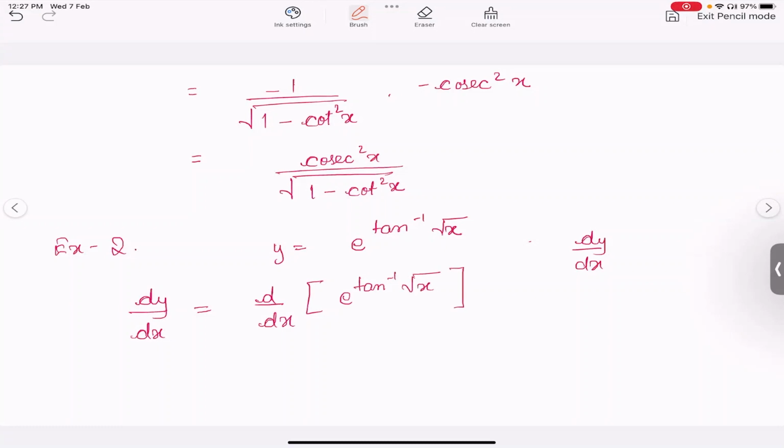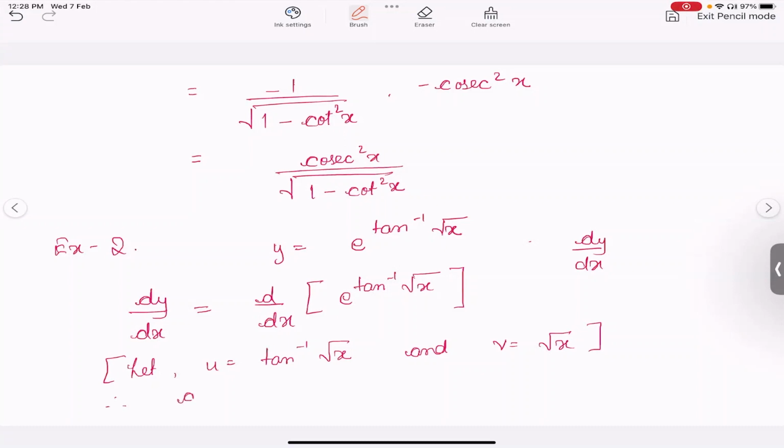So let u be equal to tan inverse of square root of x and v be equal to square root of x. We have this thing.